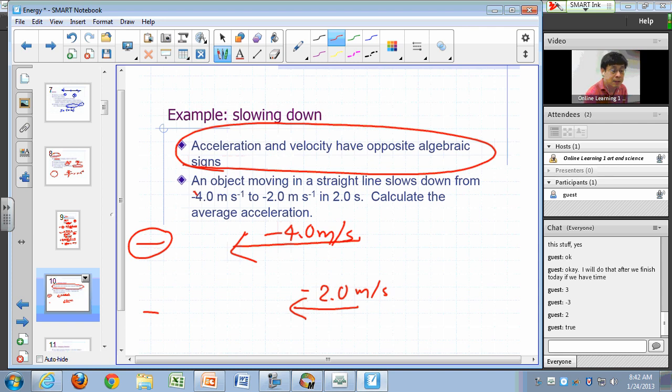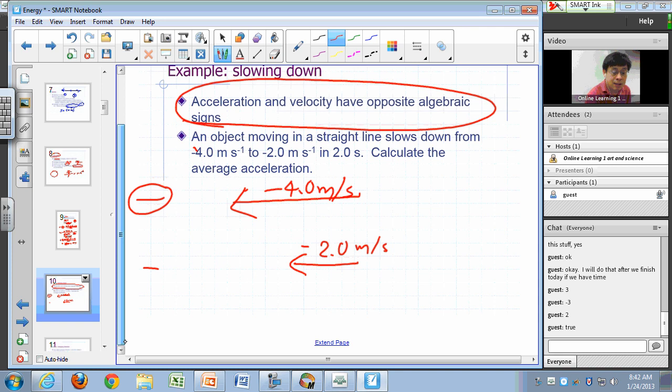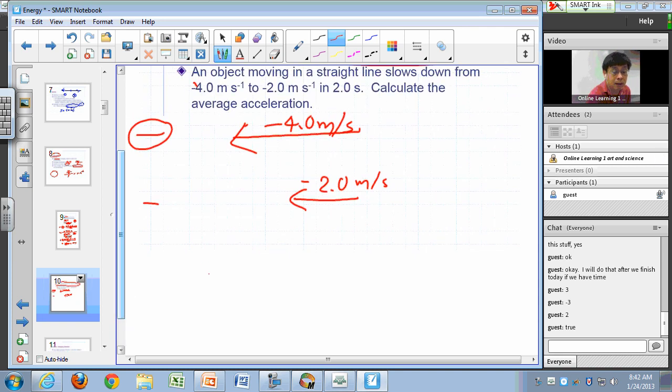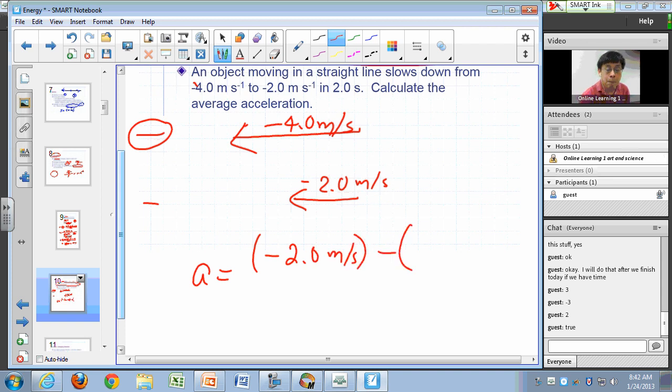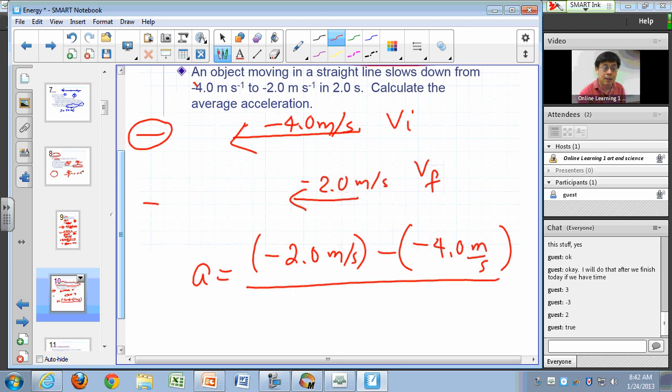We'll have an opposite algebraic sign. So acceleration would be the final velocity, negative 2.0 meters per second, minus the initial velocity, negative 4.0 meters per second, divided by the time that has elapsed, 2 seconds.